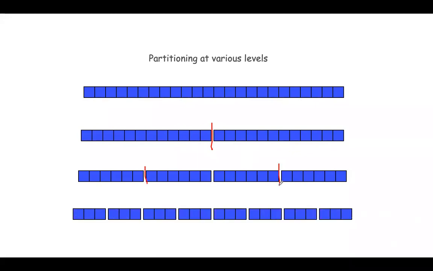If you go on doing the partition and the array is split into equal parts, then we say it is the best case scenario for quicksort.